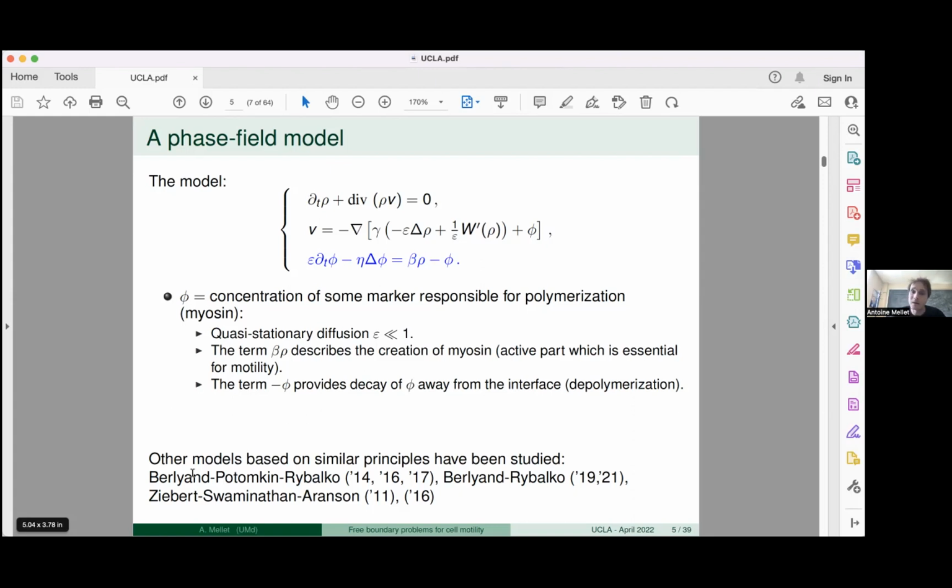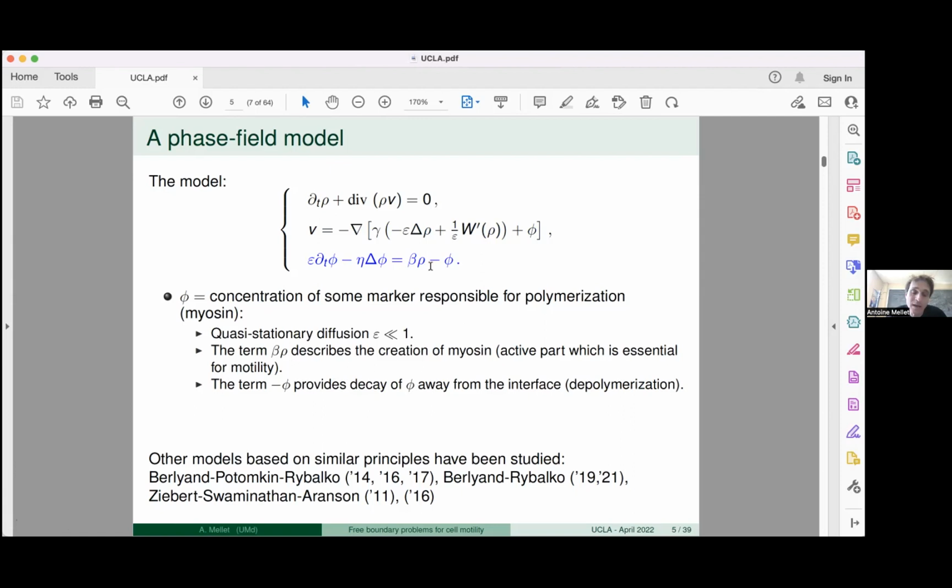But keep in mind, and I'll go back to this, that there's this active energy here, this phi, which we'll see in a second acts as a destabilizing effect on the motion.